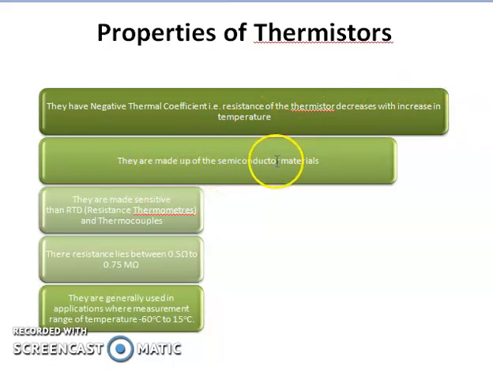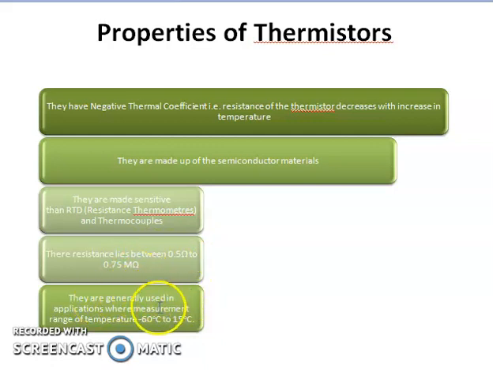They are made up of semiconductor materials, and they are more sensitive than RTD, that is resistance thermometers, and thermocouples. These are the two classifications of non-contact type thermistors. And their resistance is lesser, between 0.5 ohm to 0.75 megaohm.